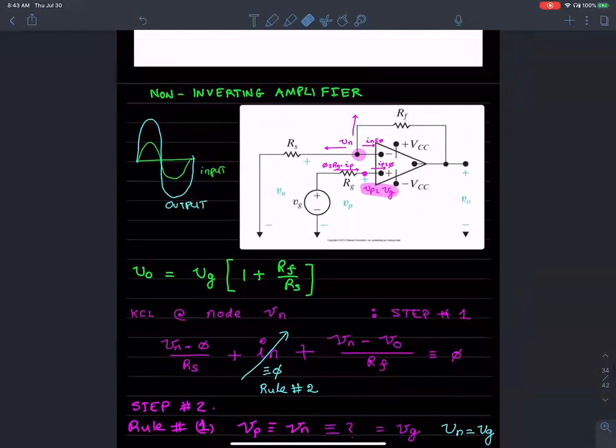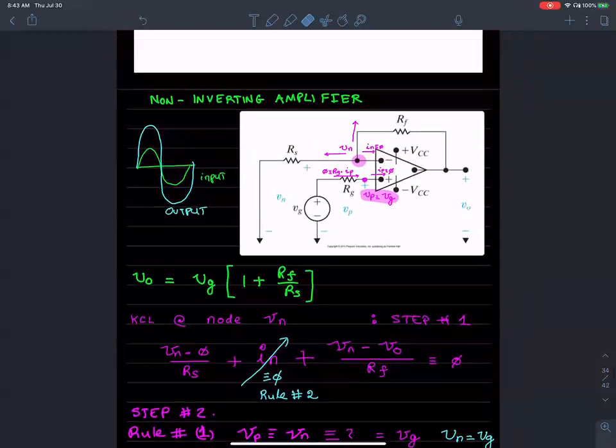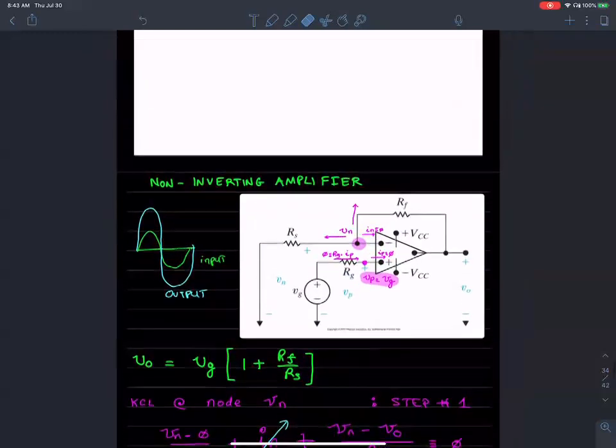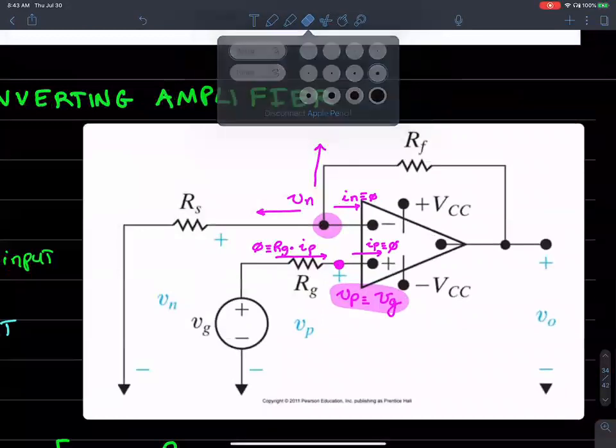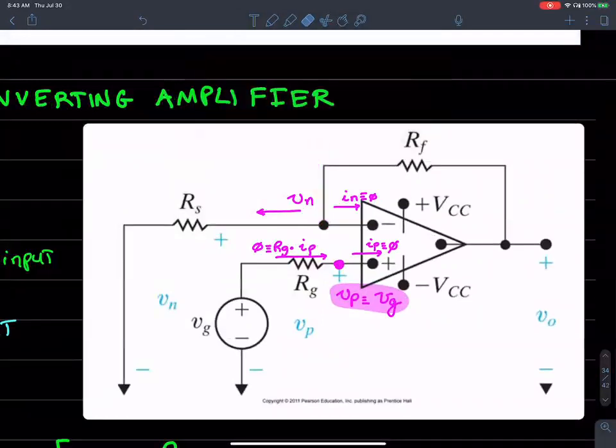All right. So we have been revisiting the circuits that we saw in the last class. Before I leave this slide, I'm going to show you why this is called a non-inverting amplifier, because the input VG is applied to the positive terminal.